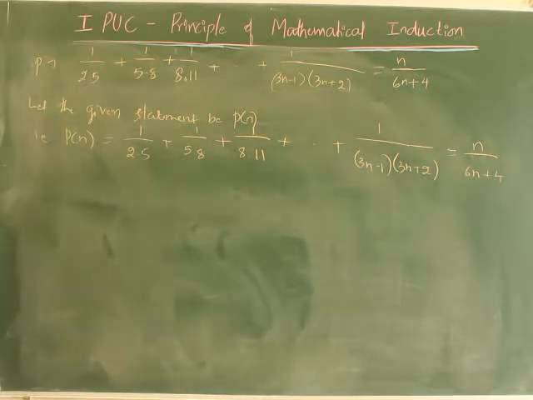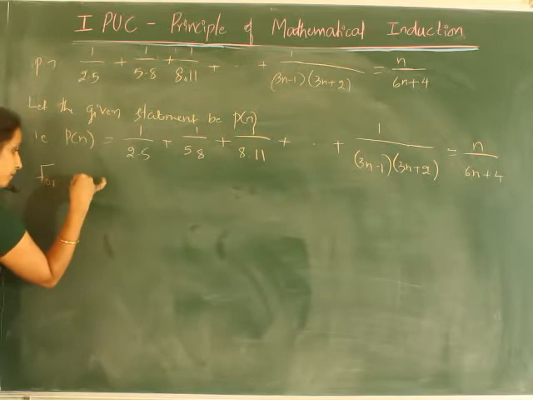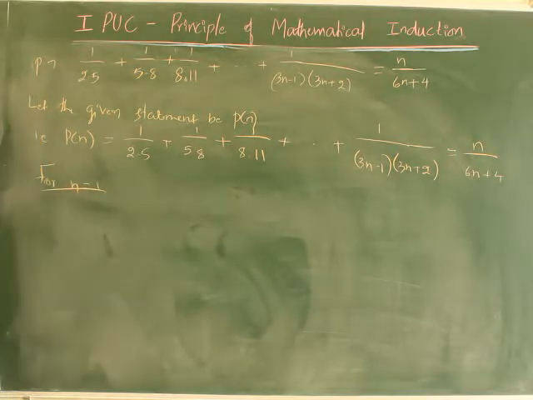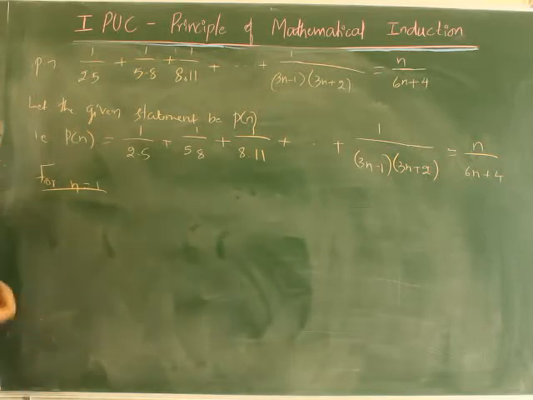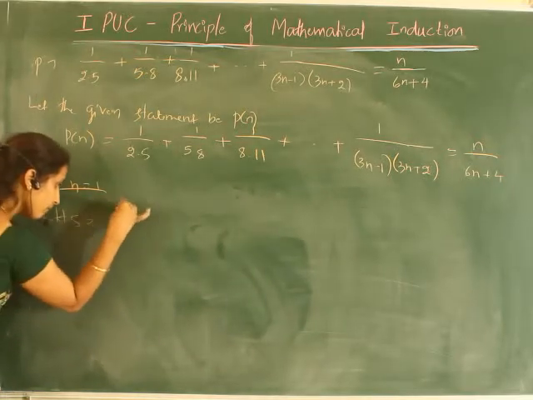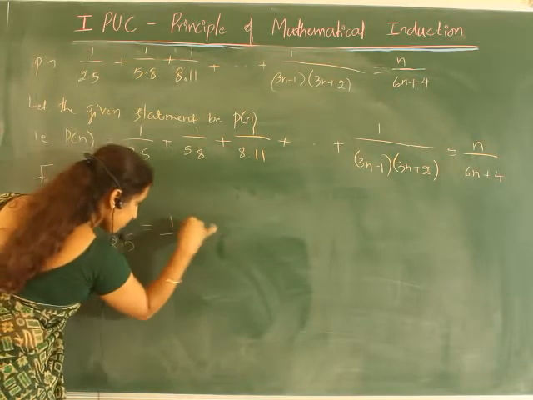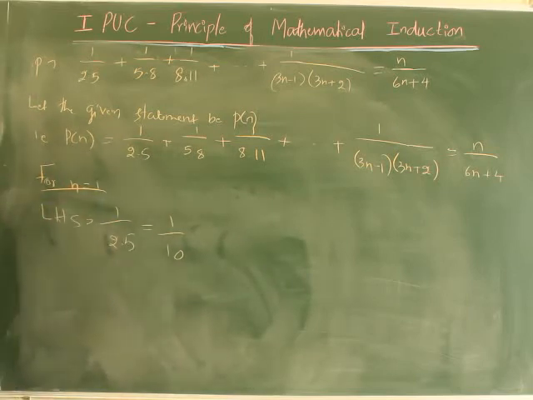After that we have to prove this for n is equal to 1. For n is equal to 1, the left hand side is 1 by 2 into 5, and 2 into 5 is 10, so it is 1 by 10.